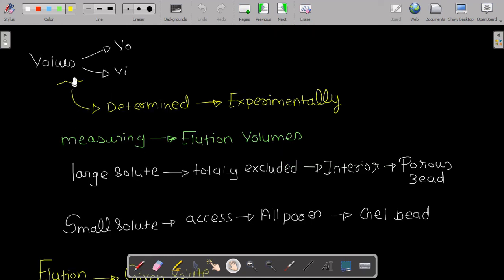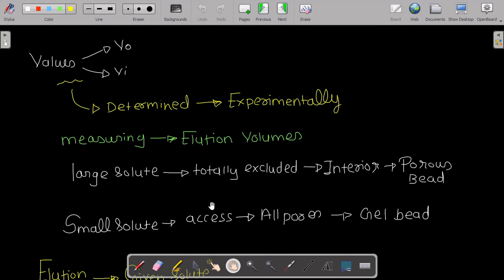Now, the volumes V0 and Vi are determined experimentally by measuring the elution volumes. V0 is measured by measuring the elution volume of large solutes that are totally excluded from the interior of the porous bead, and Vi is measured by measuring the elution volume of small solutes that have access to all pores of the gel beads.